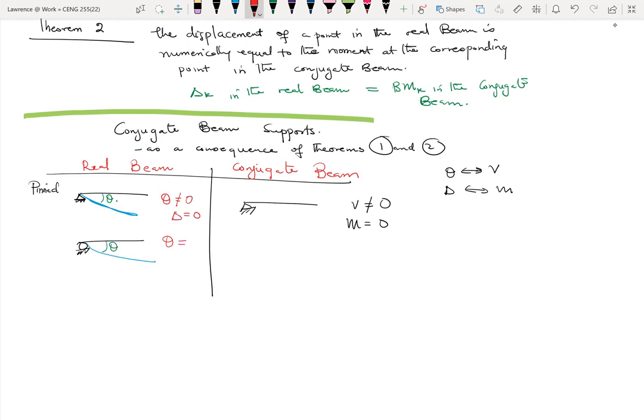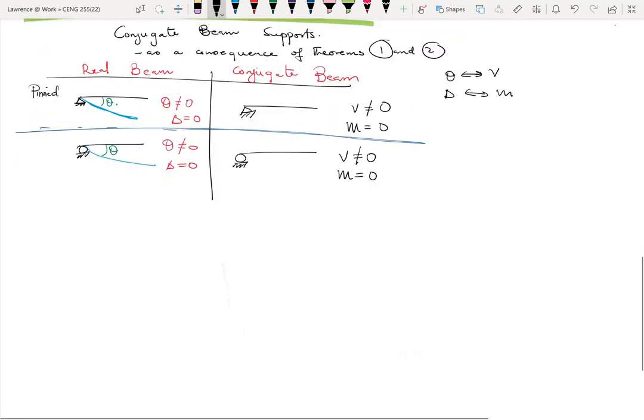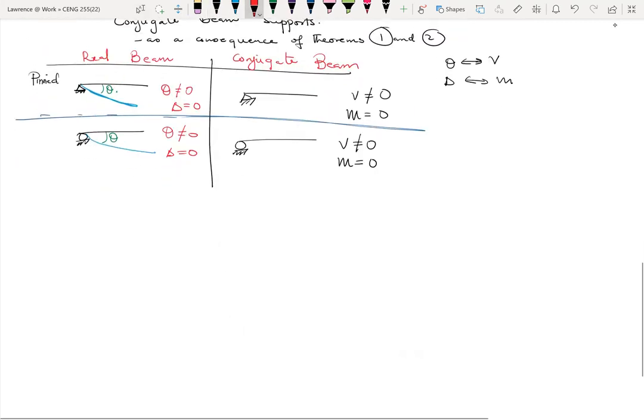So theta is not equal to 0, and delta is equal to 0. So again, we need something similar, and it pretty much ends up being the same thing. All right. So here V is not equal to 0, but the moment is equal to 0.